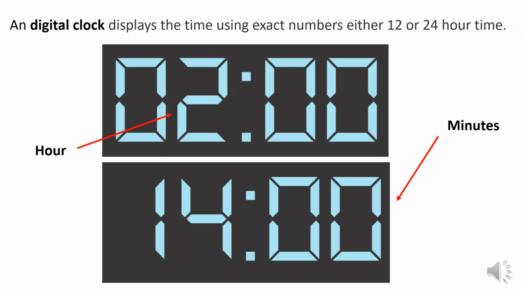A digital clock displays the time using exact numbers, either 12 or 24 hours. This section here shows the hour, and this section here shows the minutes. This time shows 2 o'clock in the morning and in the afternoon during the 24-hour clock.